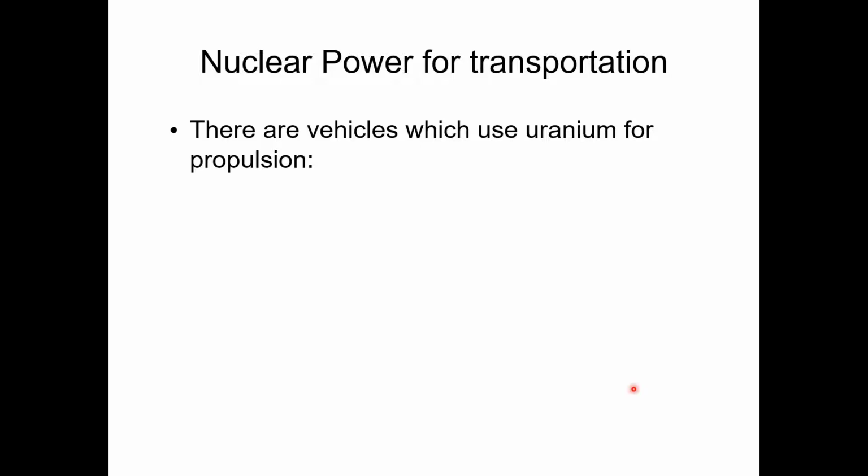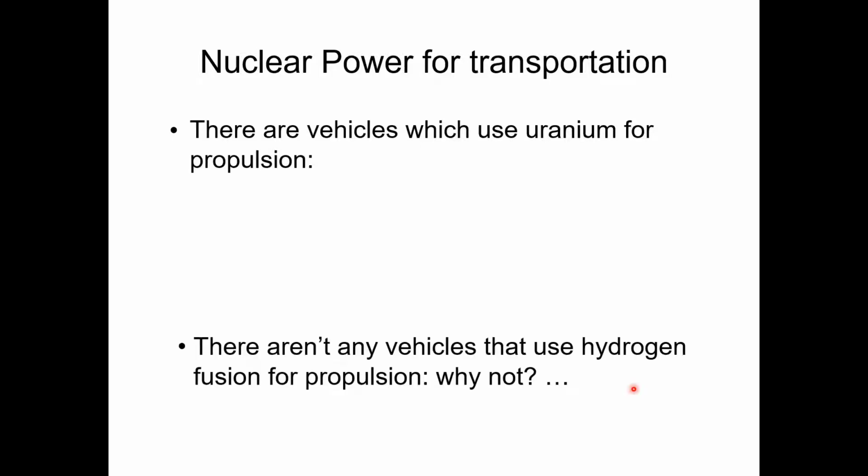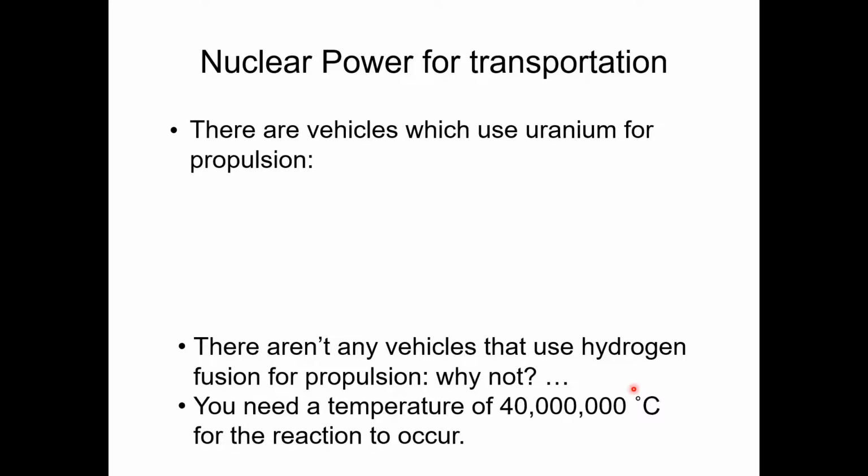And, well, there are vehicles that use uranium for propulsion. Let's see, what should be here is the picture of a submarine. Nuclear submarines have been in use since the 1950s. But vehicles tend to not use fusion for propulsion because there's an issue.